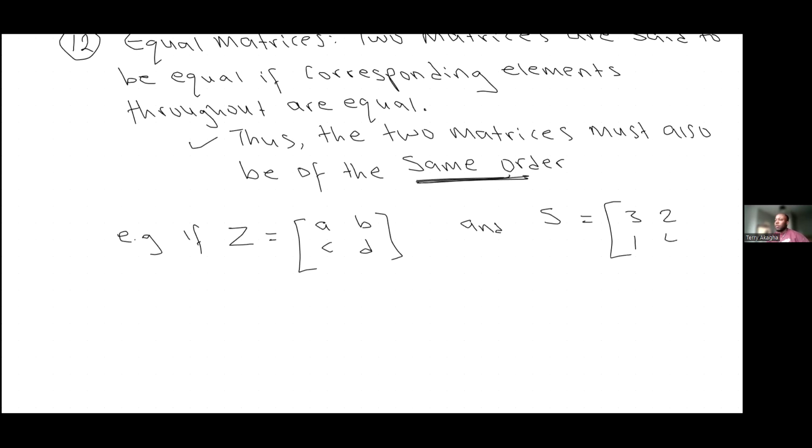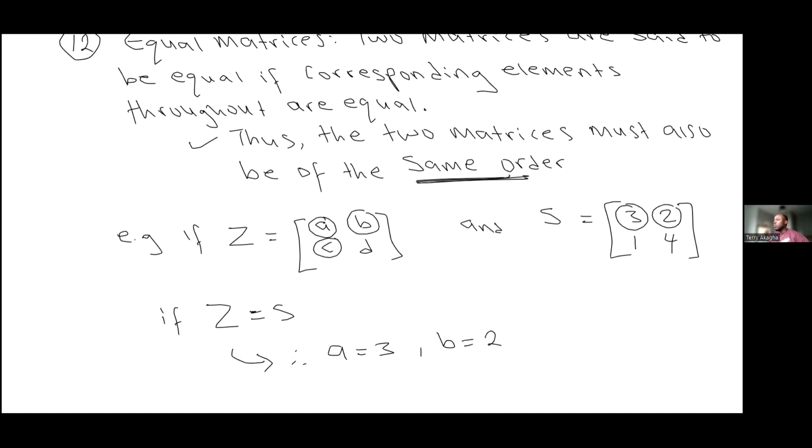Now, if we're told that Z is equal to S, therefore the A must be equal to what? The 3 here. The B here must be equal to what? 2 here. The C here must be equal to what? The 1. The reason why we can do this is because both of them are of the same order.